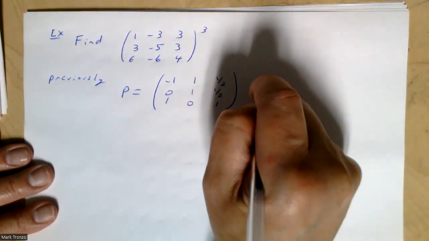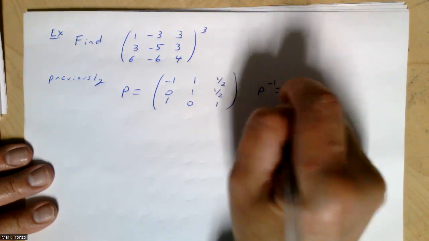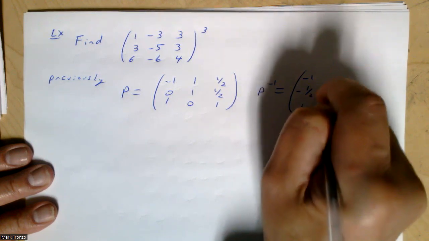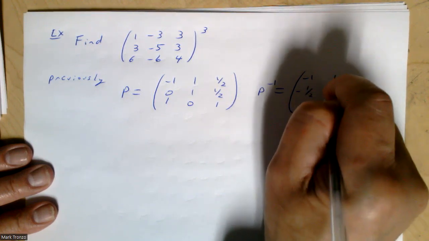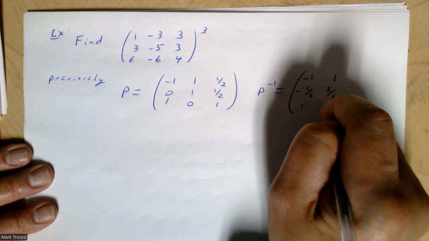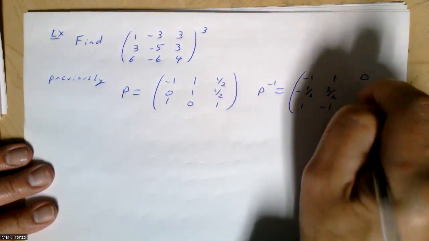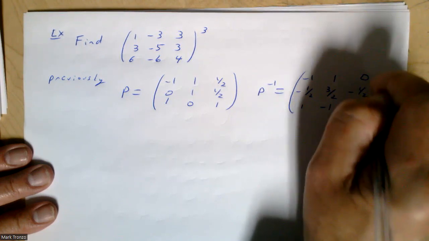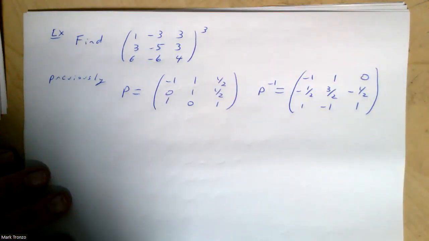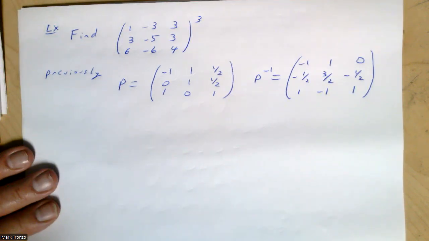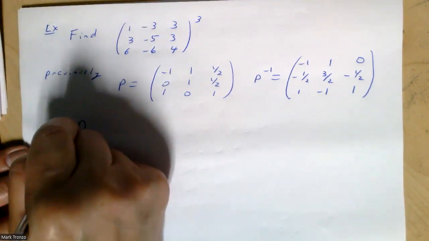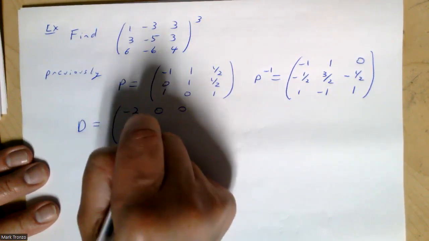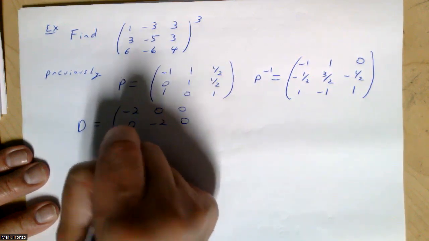And then we said P inverse was like this. And we also found previously that the diagonal matrix was this.